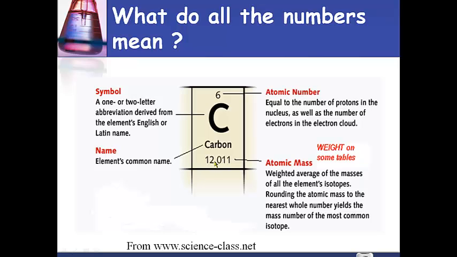Now you might ask, wait, Sullivan, you can't have 0.011 of a neutron. Why is this a decimal? Well, the reason why is because basically they take all the isotopes. Remember, isotopes are the same element, so like carbon, but they have different numbers of neutrons. So you might have a carbon with 7 neutrons, a carbon with 6 neutrons, a carbon with 8 neutrons, a carbon with 10 neutrons.